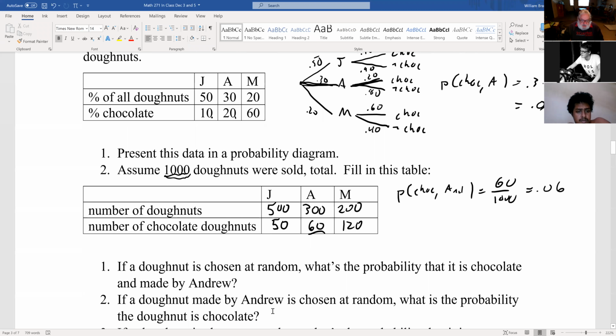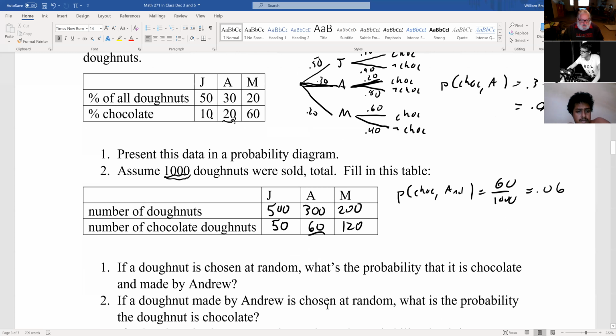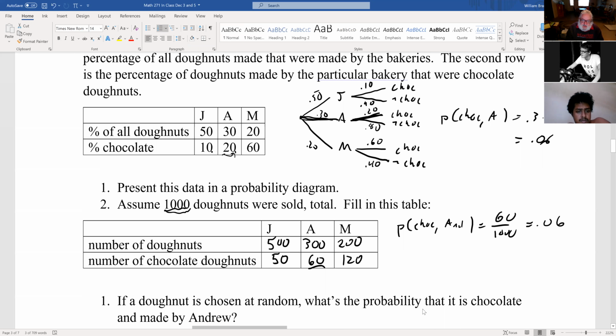If a donut made by Andrew is chosen at random, what's the probability that the donut is chocolate? Well, that's exactly what this number is here, right? So if we're talking about a donut made by Andrew, that means we're at this point in the tree, right? We know that the donut was made by Andrew.